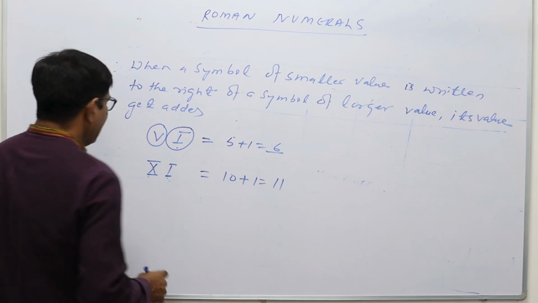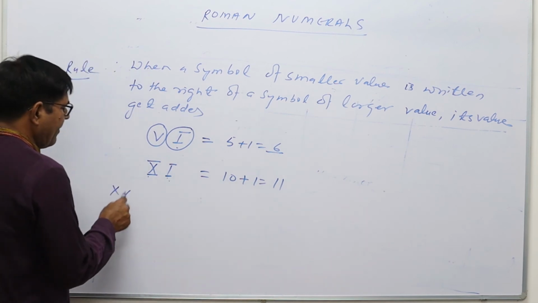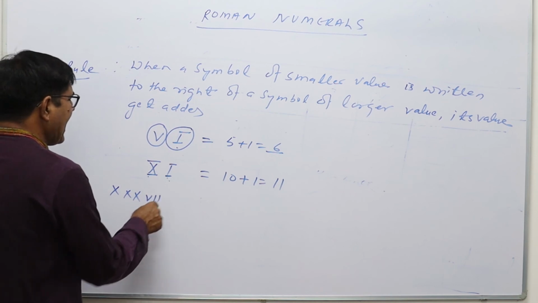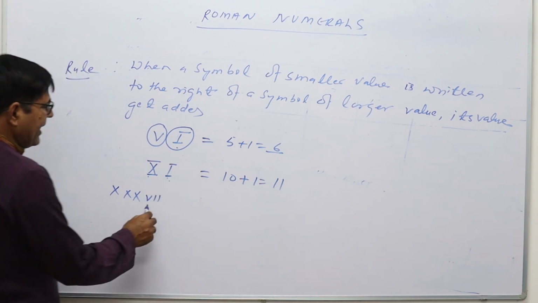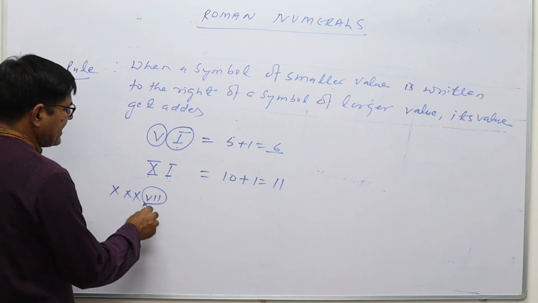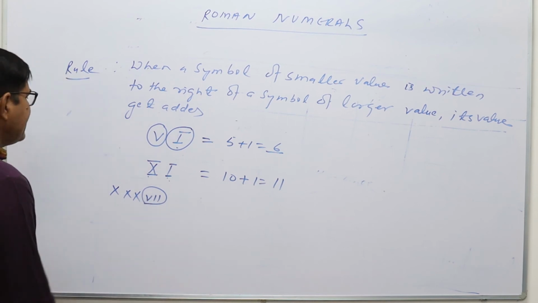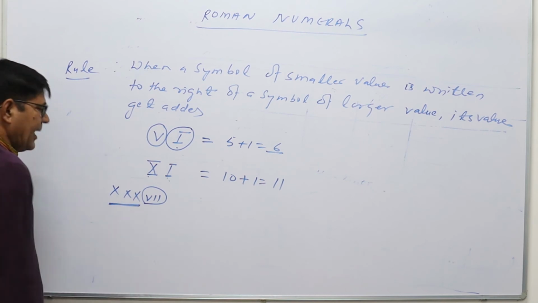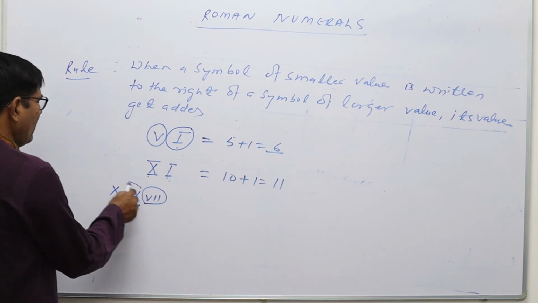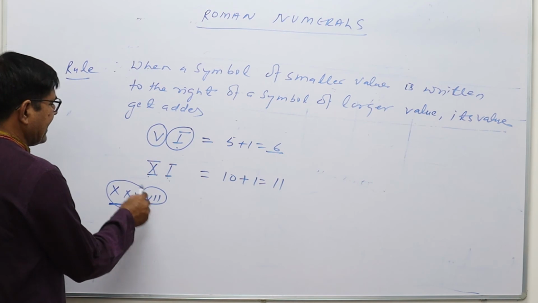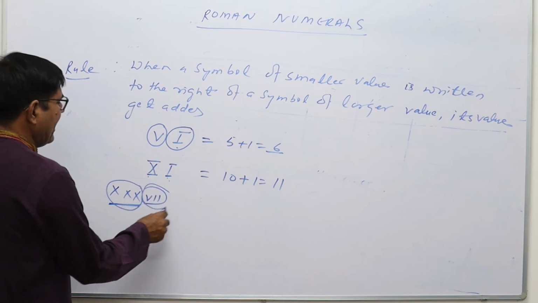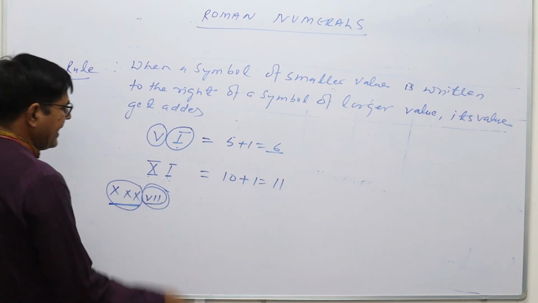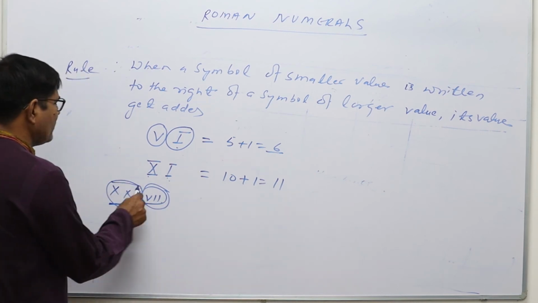Similarly, if we have the number XXXVII. We know that VII always represents the number 7 and XXX represents the number 30. So the value of XXX is larger than the value of VII, and here the symbol VII is written on the right side of the larger value symbol.